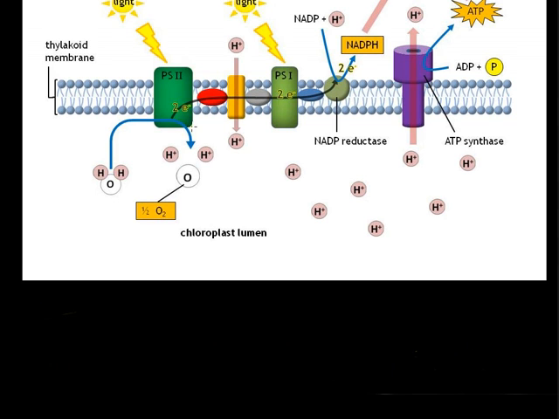So what happens next with these electrons? Well, we can follow this arrow here. They get passed along a series of things here, and I just have them drawn as different shapes. And these are various molecules that are part of what is called the electron transport system.